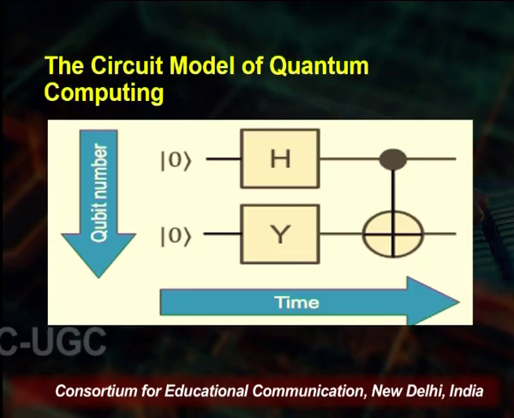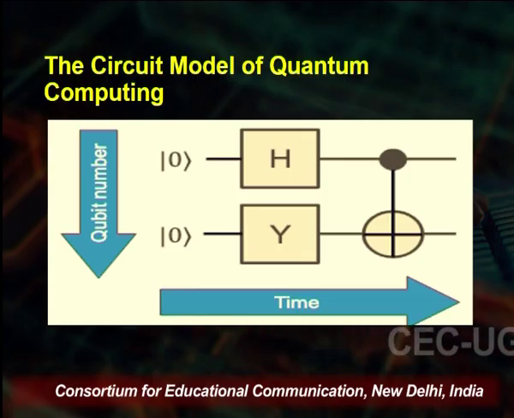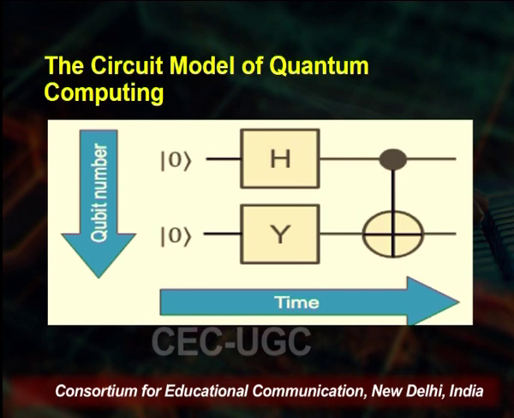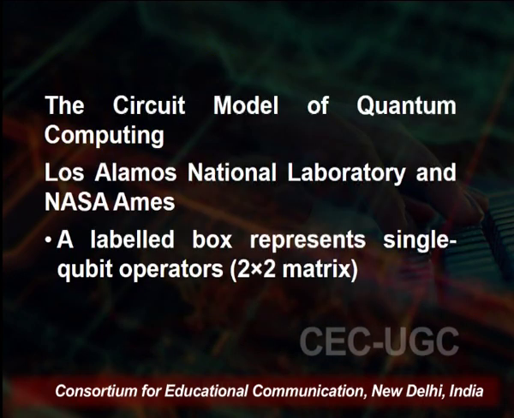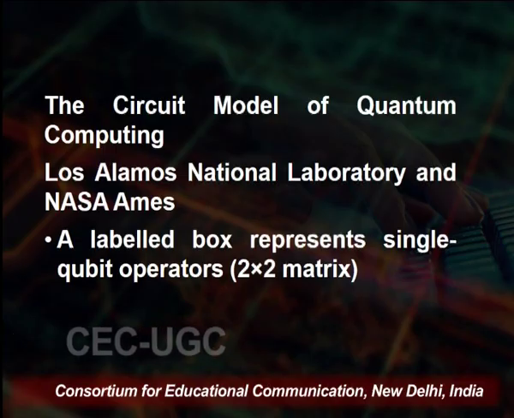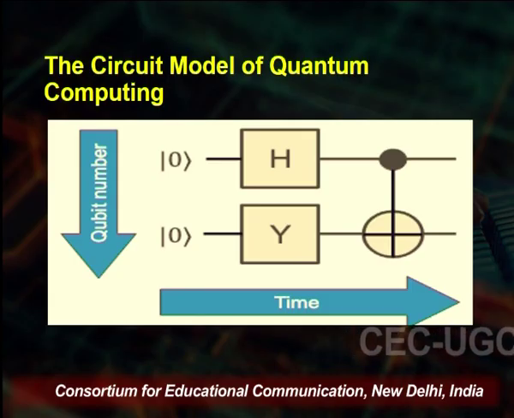Now this is the circuit diagram for quantum computing. You can see 0 0, and that is defined as qubit number 0 1, and with respect to time it will enter into the system. Now the circuit model of quantum computing has been defined. The labeled box represents single qubit operators, like here we are having single qubit operators, 2 cross 2.